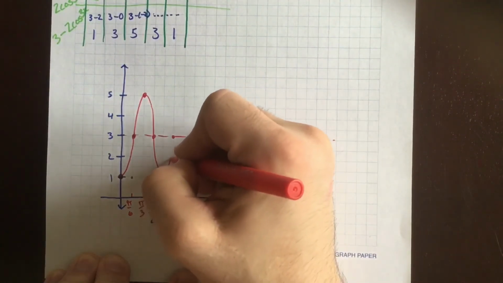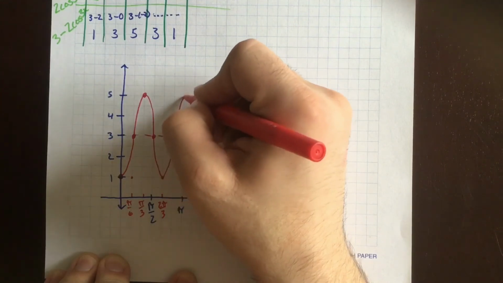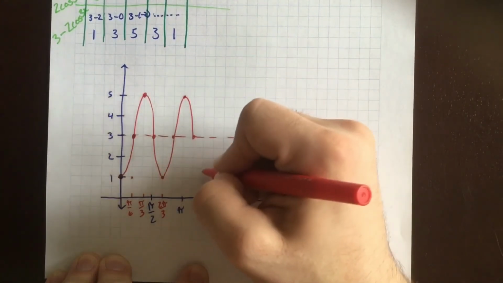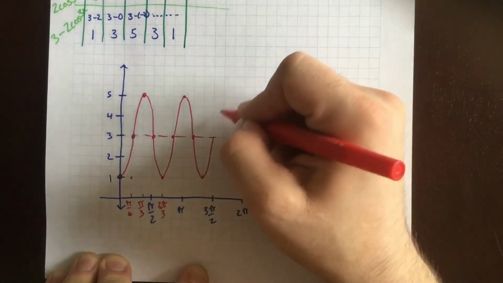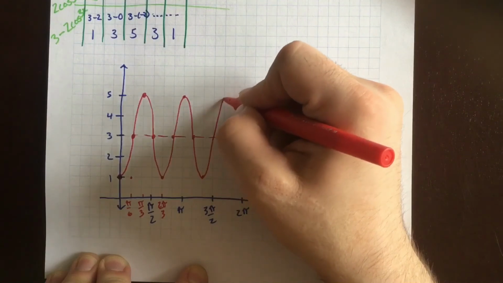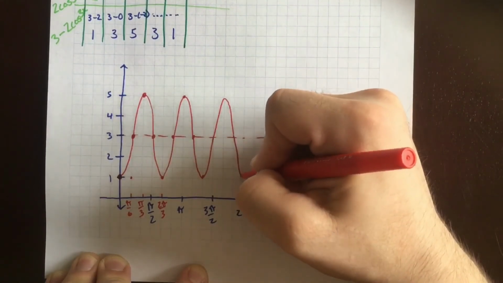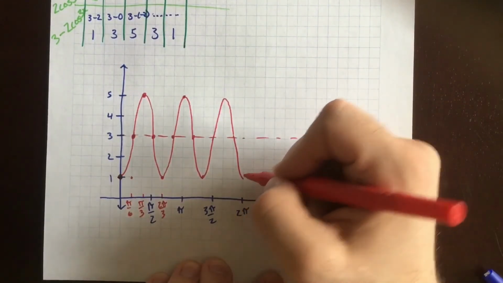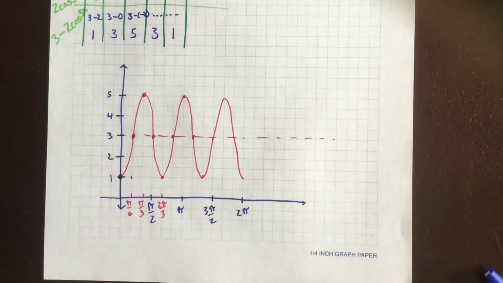So it's going to pop up, back down, back up, back down, and so on. Yes, and we see we have 1, 2, 3 full cycles within 2 pi.